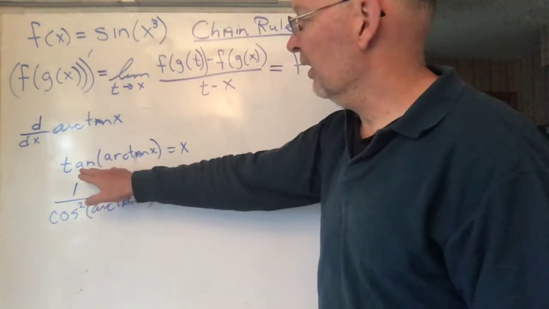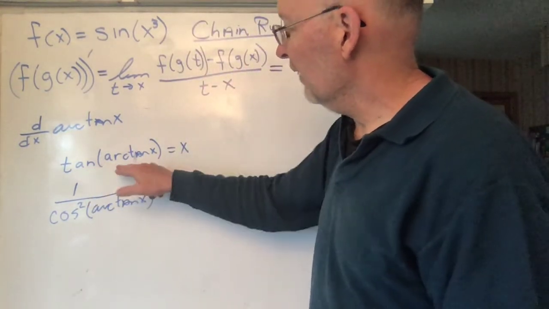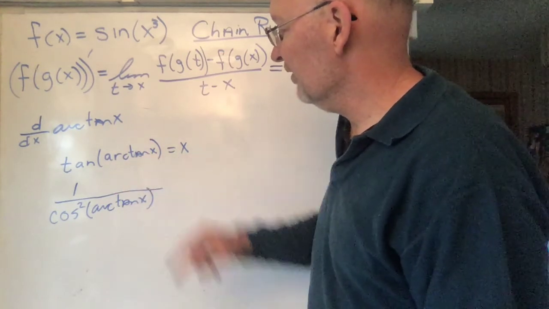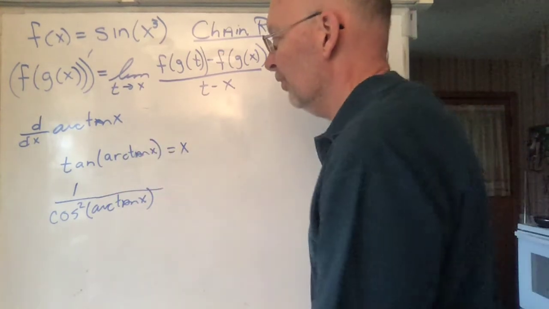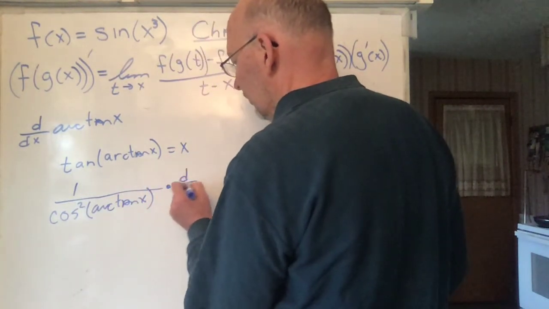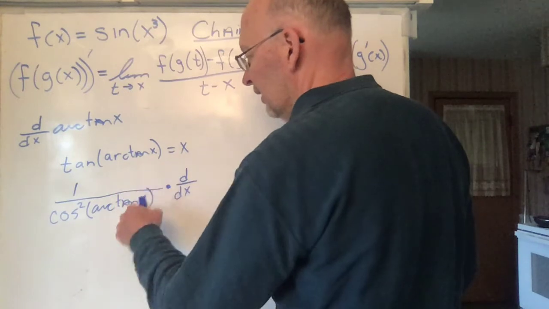That took care of the tangent. Now I have to multiply that by the derivative of the inside. Well, that's what I don't know. So I just write down times the derivative of the inside.